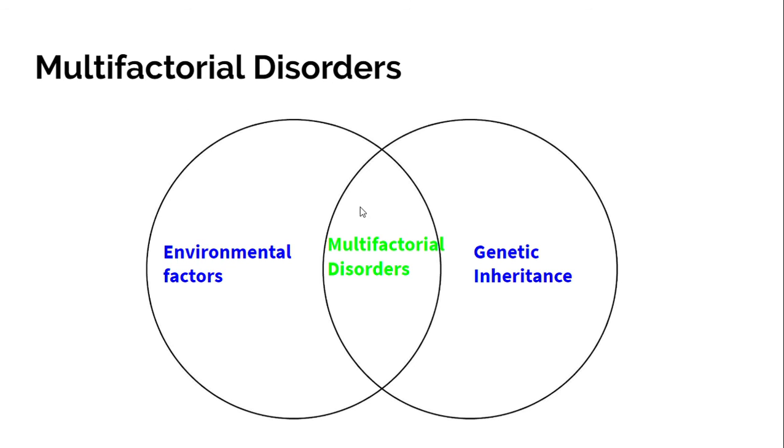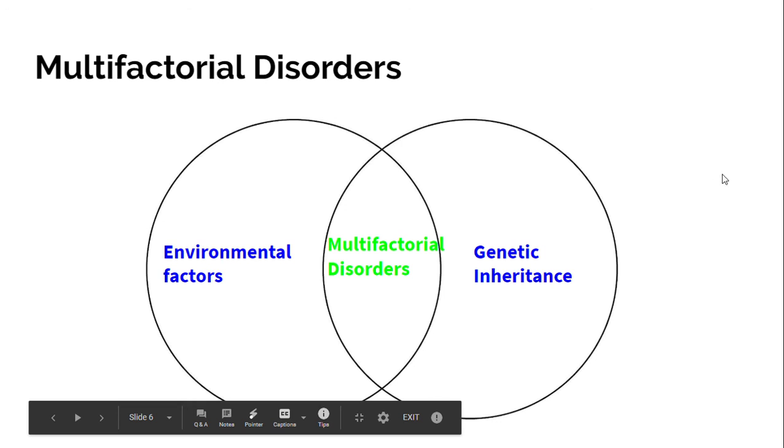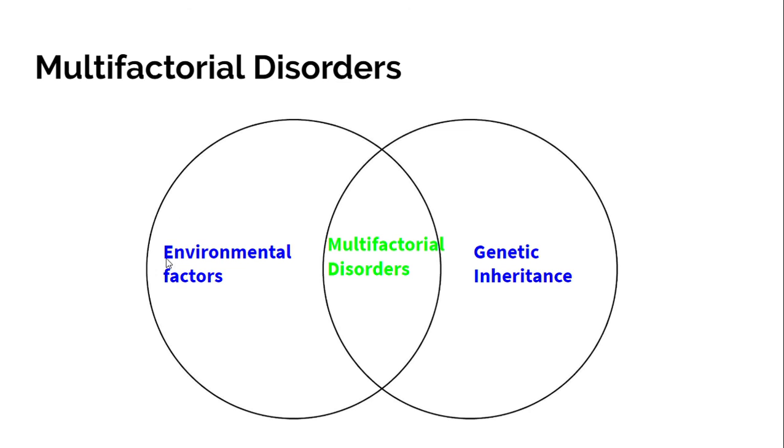This is a combination of the genetic inheritance that we've been talking about, where there's a mutation in someone's gene that is passed down and expressed or not expressed, and also a combination of environmental factors, not in your actual genes, but because of your lifestyle, which can cause a disorder. Some multifactorial disorders are diabetes, alcoholism, and heart disease, and many of the multifactorial diseases are cardiovascular diseases. Let's take diabetes, for instance.